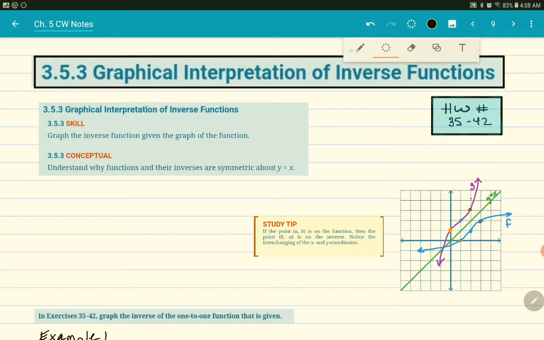So every point on this line, like we found, let's see, 3, 2. So this point was 3, 2 right here. So that comes over here as 2, 3. So if a point (a, b) is on the function, then the point (b, a) is on the inverse. So they're interchanging the x and the y coordinates.